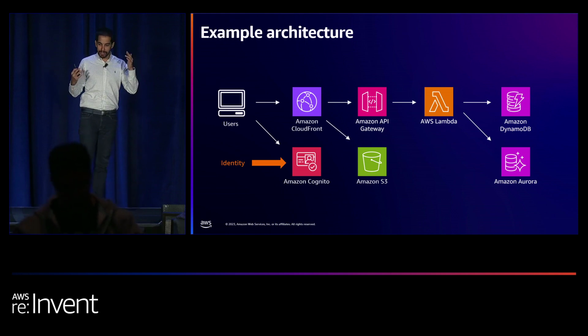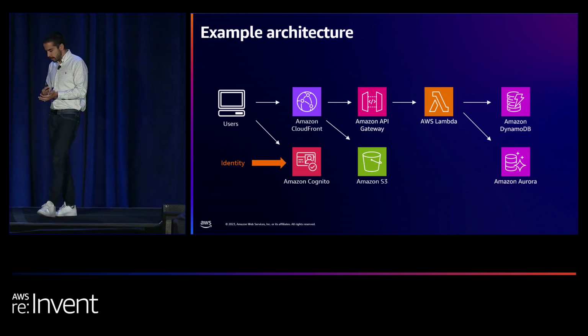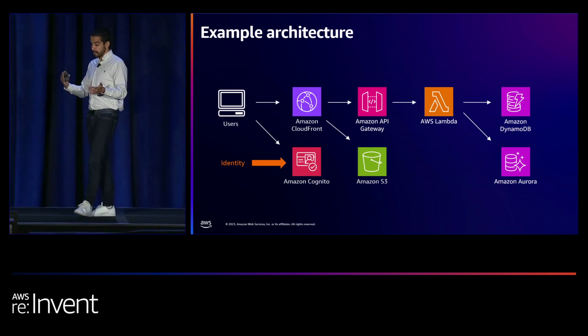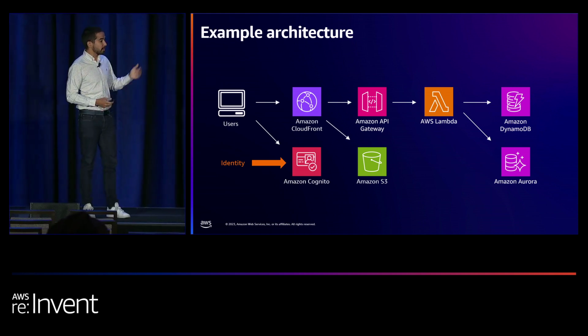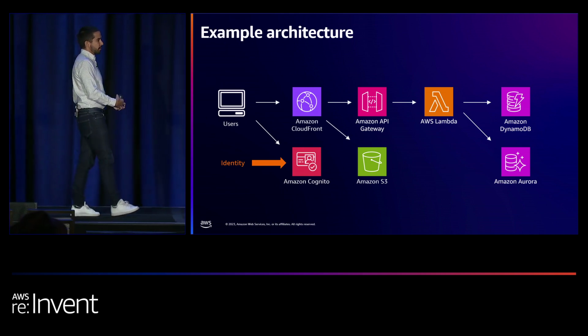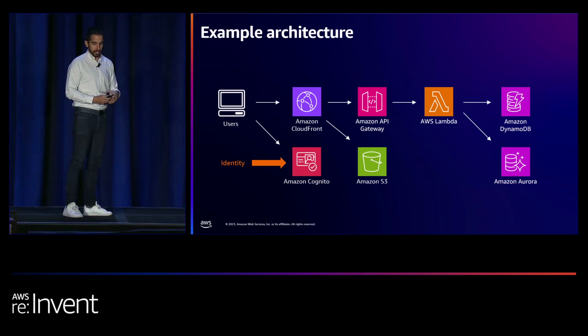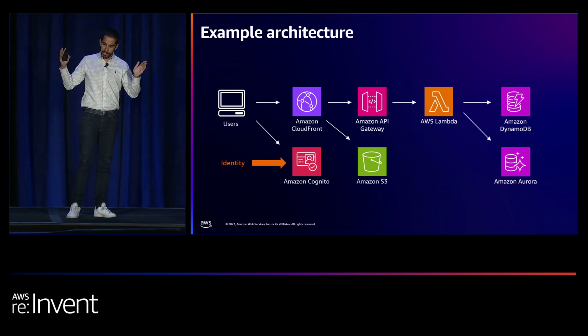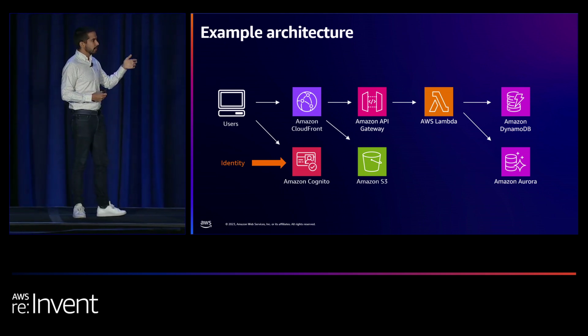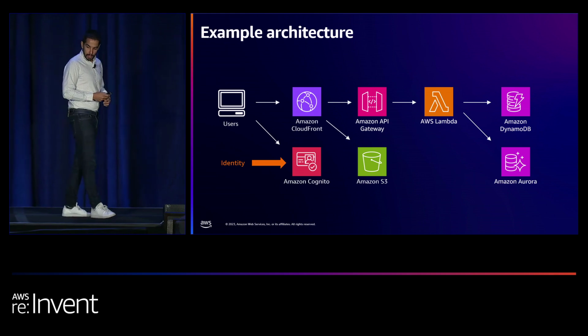But for most of us, you should be relying on a standards-based, maybe an OpenID compliant, centralized identity provider, such as the ones offered by Okta, by Ping, by Auth0, and of course, Amazon Cognito. So Cognito offers a user directory that can scale to millions of users, and it handles authentication for you.